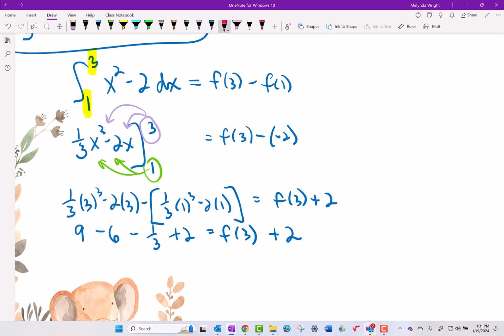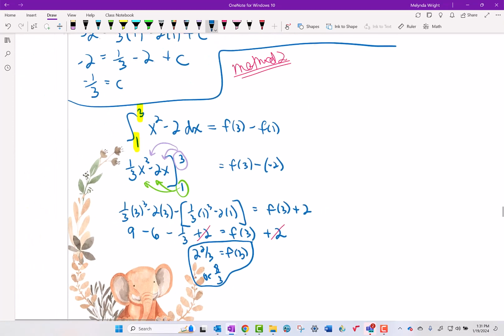I hope we see that that 2 and that 2 would be 0. So f of 3 is, let's see, 9 minus 6 is 3. 3 minus 1/3 would be 2 and 2/3, or 8/3. Isn't that what I got up here?